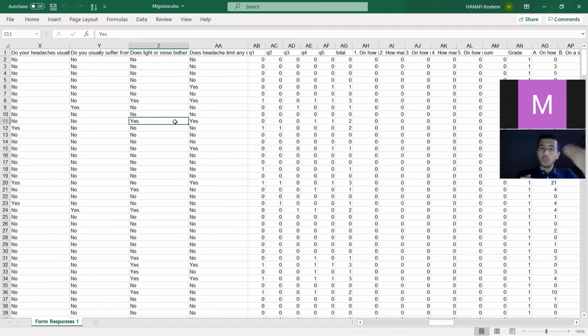What can be more confusing is some of the questions are different from other questions. Some of the questions are positive, they get a point for a yes, and some of the questions get a point for a negative result, for a no.